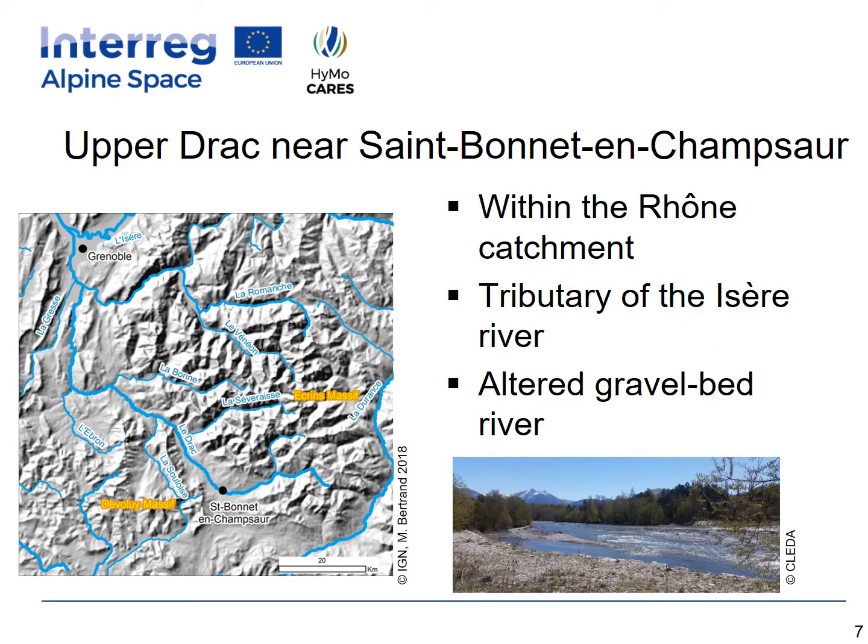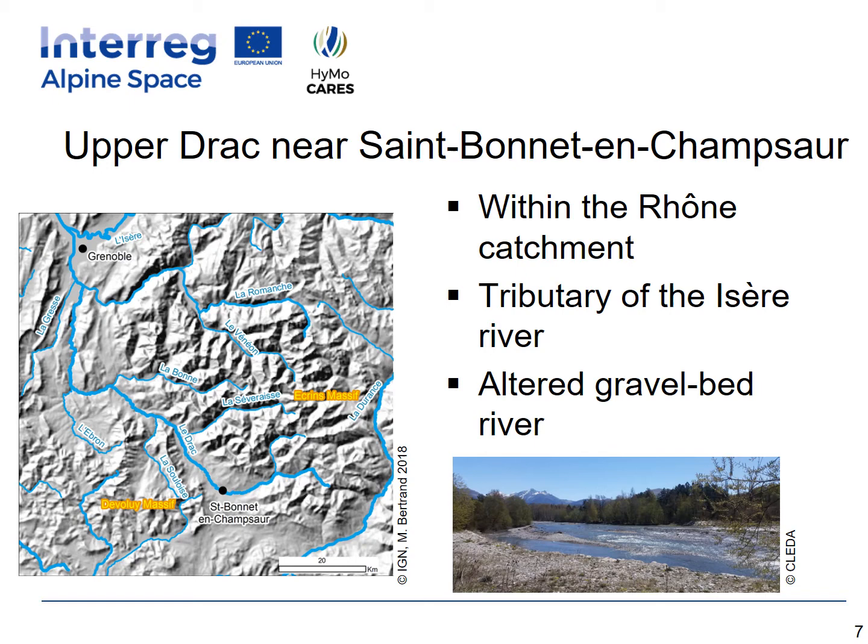The Upper Drac is a gravel-bed braided river draining the southern flank of the Écrin Massif, a geological unit belonging to the Alpine Outer Crystalline Massif, the northern flank of the Dévoluy Massif, which is a part of the sedimentary Southern Prealps, and the Flysch Thrust Zone, composed of Cenozoic sedimentary rocks.